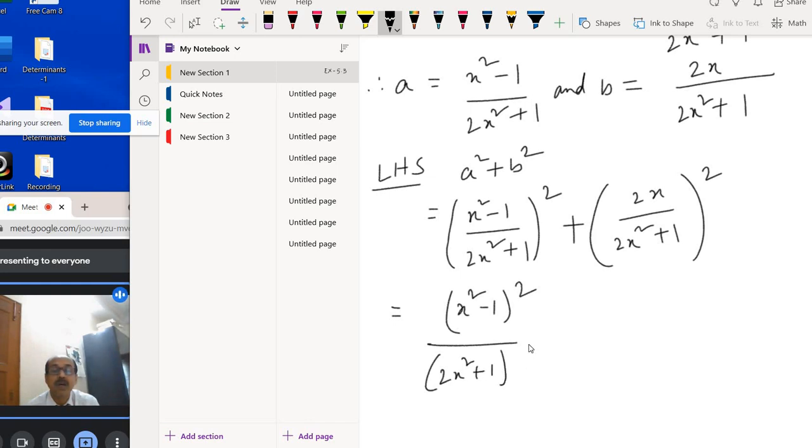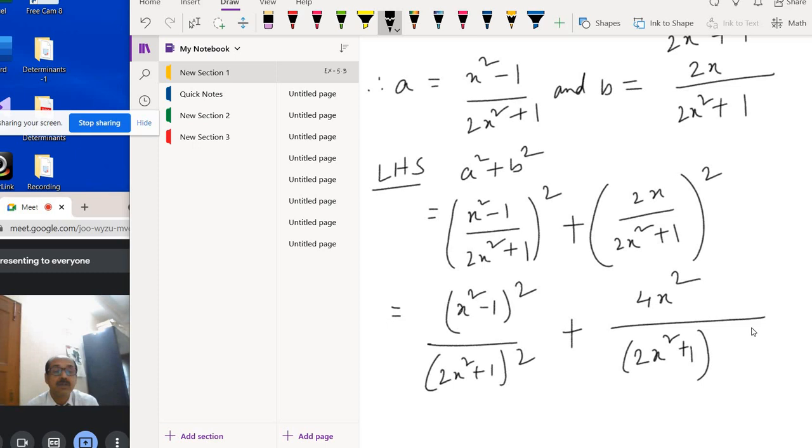Square plus 1 whole square plus 2x whole square, that is 4x square, divided by 2x square plus 1 whole square.